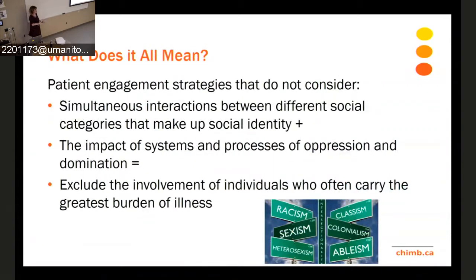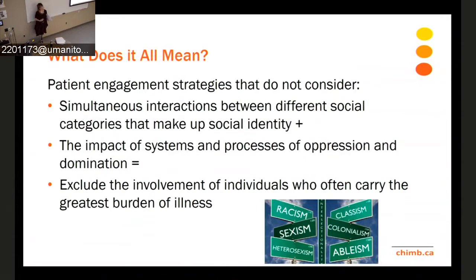So what does this have to do with patient engagement? What does this all mean? Well, it means that patient engagement strategies that don't consider the following two points. First of all, the simultaneous interactions between different social categories. When I talk about social categories that make up social identity, I mean gender identity, gender expression, race, ethnicity, culture, indigeneity, sexuality, religion, immigrant status, age, all of these different pieces together.